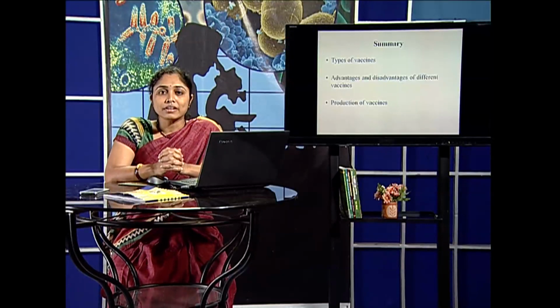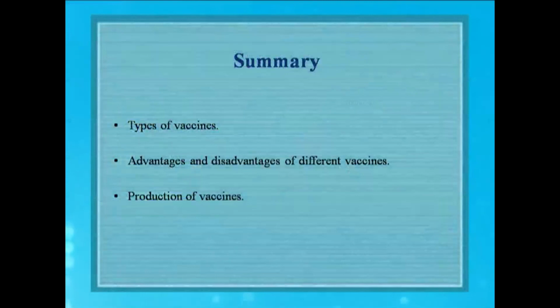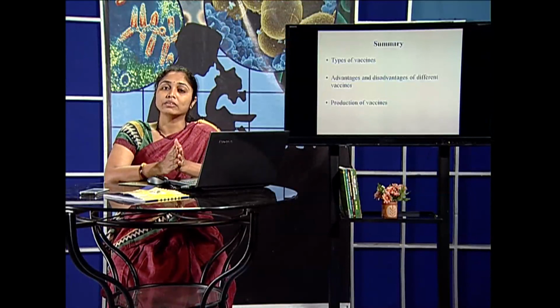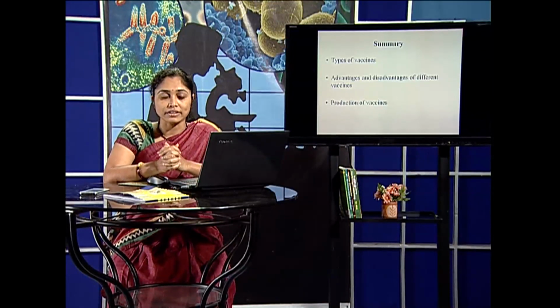So today we discussed different types of vaccines, how vaccines work inside our system, what are the advantages and disadvantages of different vaccines. We learned today that first generation vaccines are better compared to the second generation vaccines, but second generation vaccines are safer compared to the first generation vaccines.